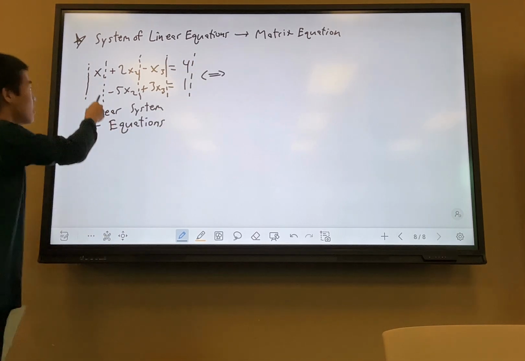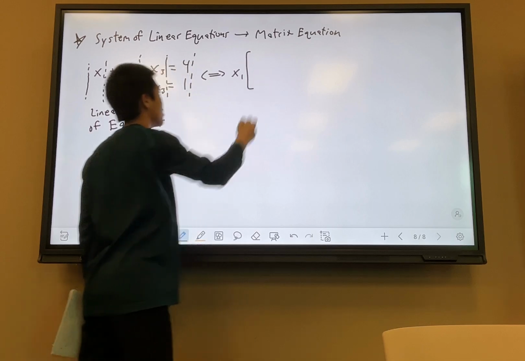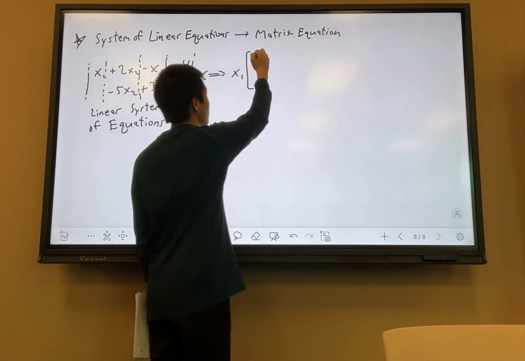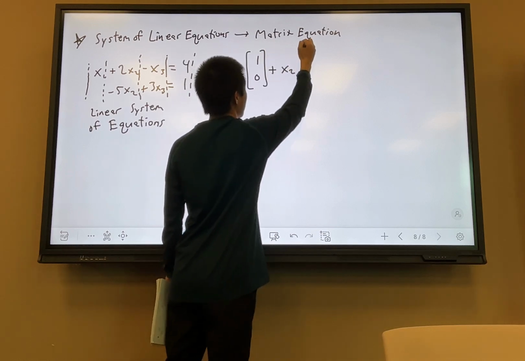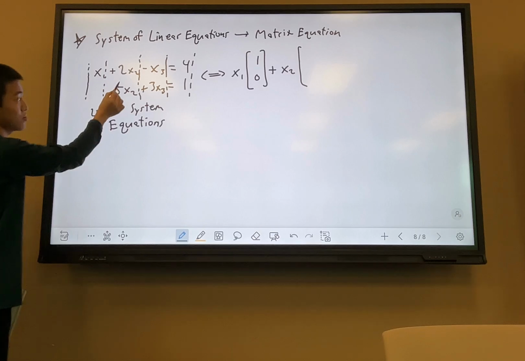And so my x1 has coefficients 1 and 0. My x2 has coefficients 2 and minus 5.